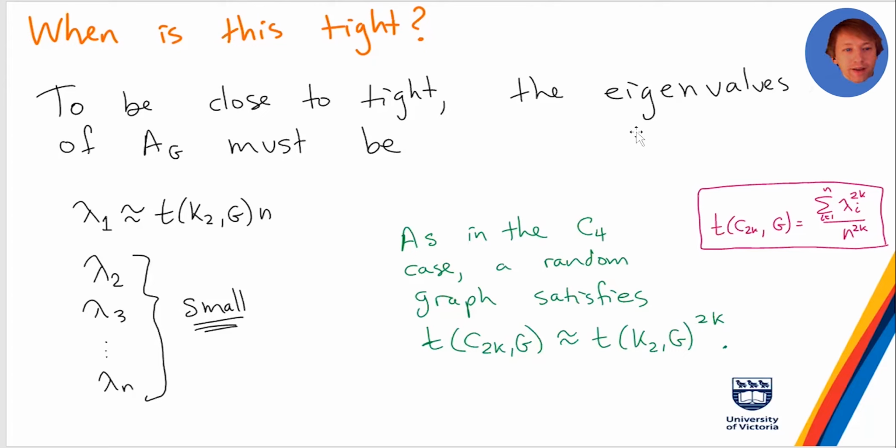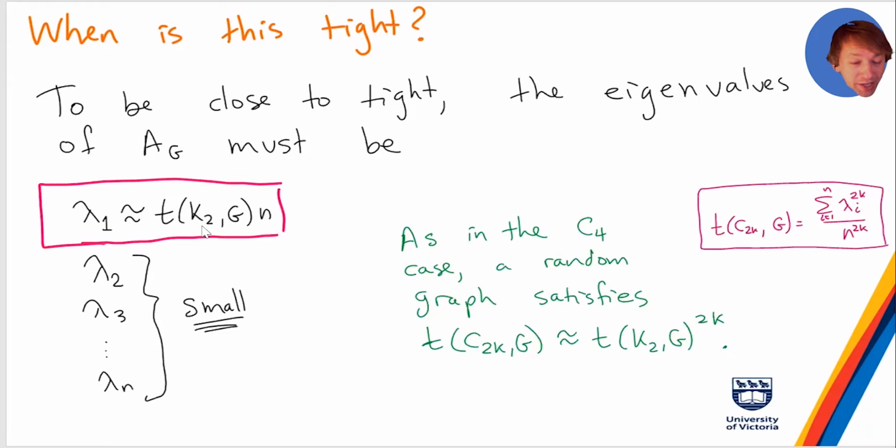So in particular, if you have a graph G where this inequality is close to tight, then basically what has to happen is that the first eigenvalue of that graph has to be pretty much equal to the homomorphism density of K2 times n, because if it was significantly bigger, we would have a better lower bound. So if it's tight, then basically lambda 1 is equal to this, and all of your other eigenvalues are small, meaning that they're negligible compared to lambda 1. Is that kind of clear?